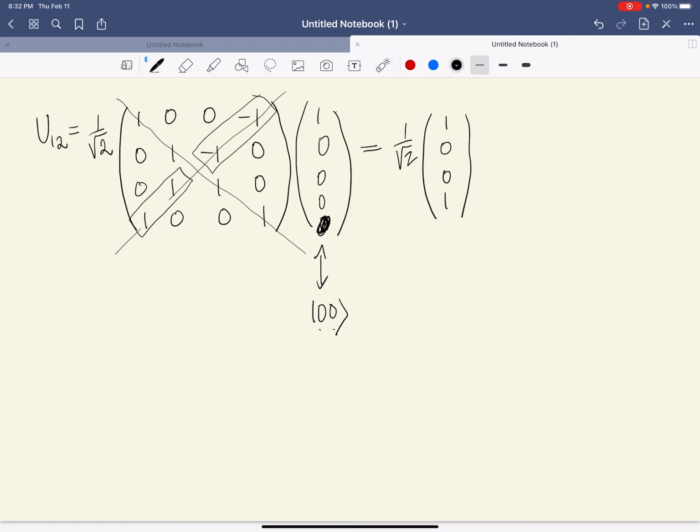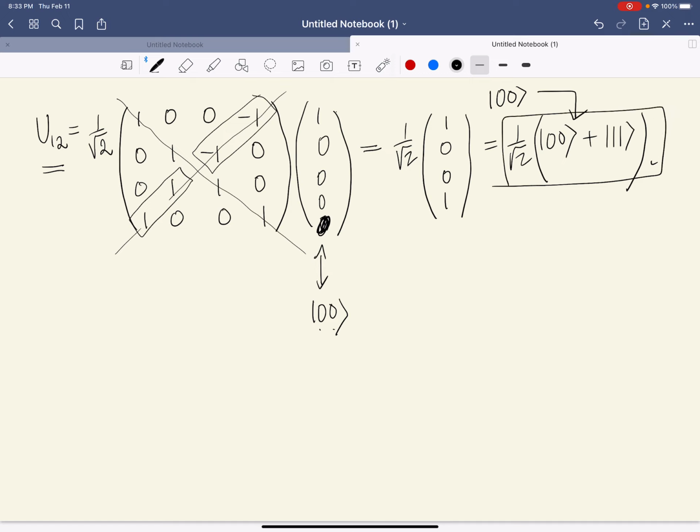In terms of quantum state language, this is a superposition of the 00 state and the 11 state. So we did find a unitary matrix which does indeed take us from the product state 00 to an entangled state like this.